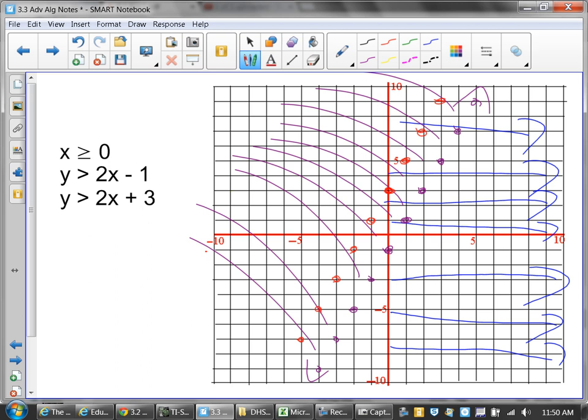Now the other one's 2x plus 3. Same thing, it's a dotted line. They're parallel to one another. Is 0 bigger than 3? No, so it's still true coming up this way. So this is going to be a little bit trickier to see. You're looking at this area, this kind of region in here. You're looking at that very little tip spot there, because you're stopped by the y-axis.